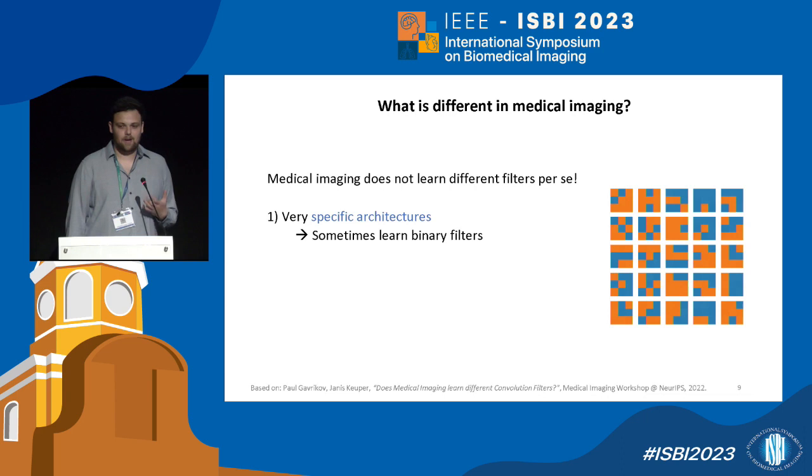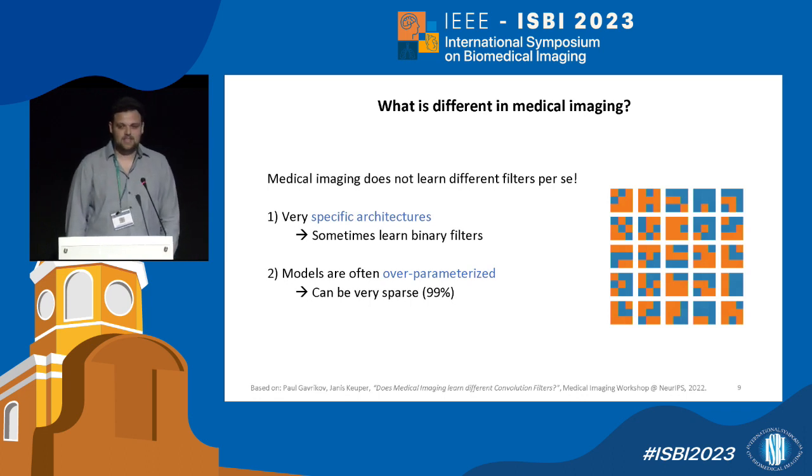It turns out that in our analysis, we had models with very specific architectures, multiple autoencoders stacked together. And there we commonly saw in one architecture that it learns binary filters. This is something that I've never seen before. It's basically a layer of convolution filters that only have two weights. And it's not by design. This is something that the CNN implicitly has learned. And this kind of explains these weird spikes in the distributions.